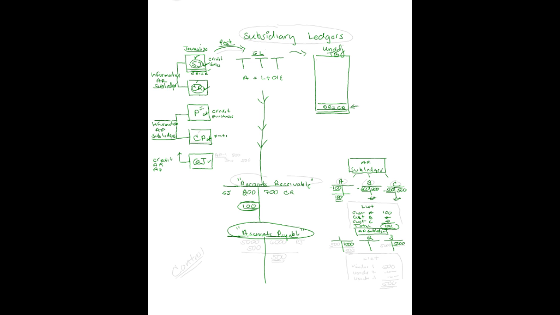At the end of the month, you would total your purchases journal, and your credit purchases would total $6,000. You would post that into the general ledger in total.